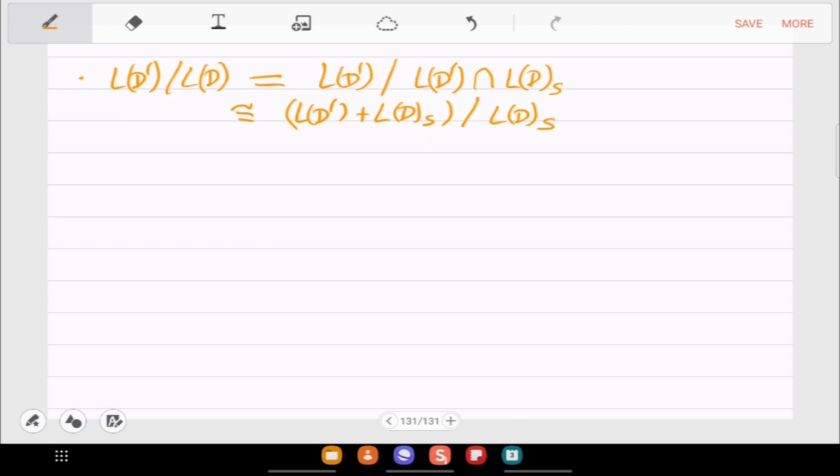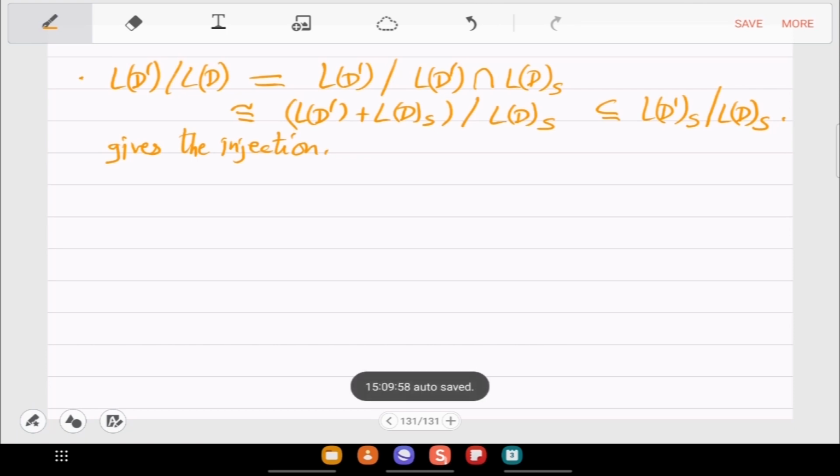So this quotient space is isomorphic to this sum, which then is contained inside LD prime S mod LDS. This gives the injection. Yeah, that will be the formal sequence of steps you have to do. And then you just invoke the previous theorem.